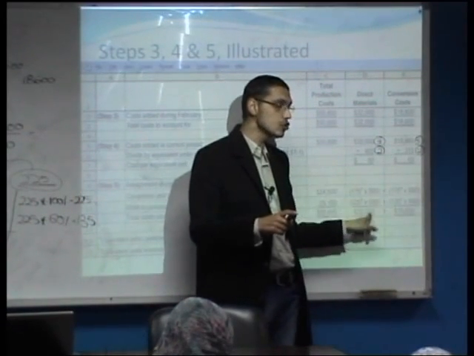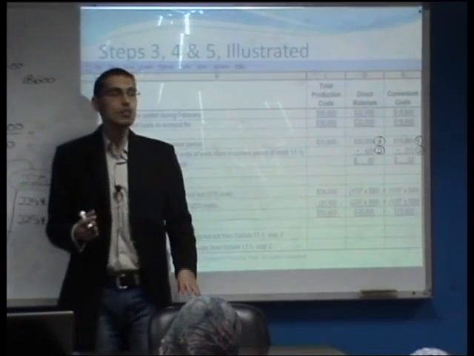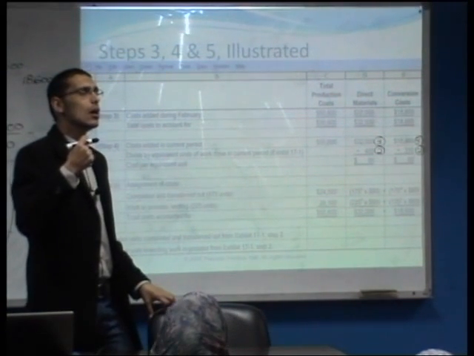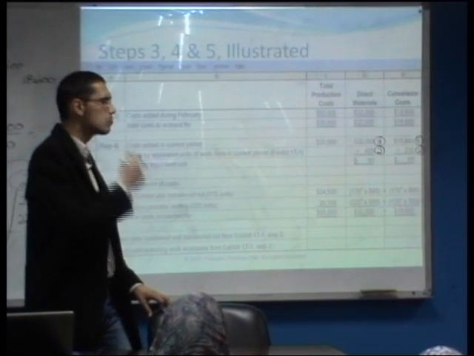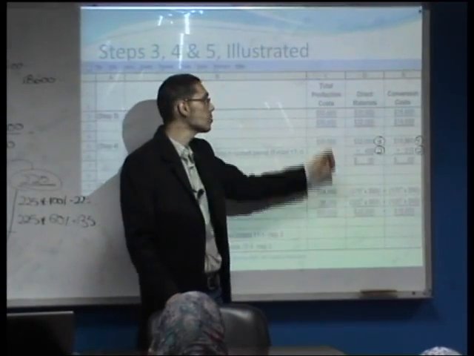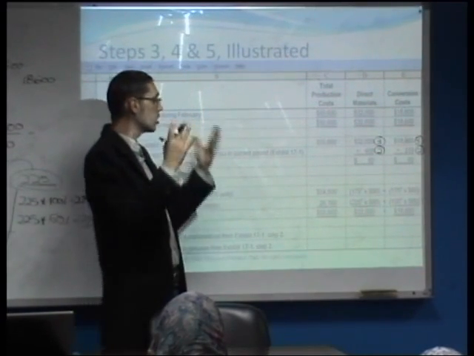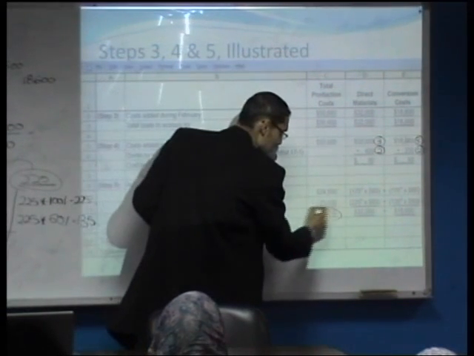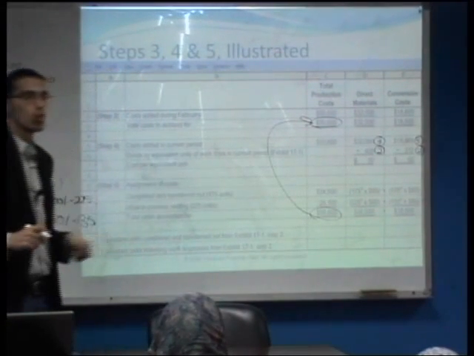Of course, adding these two numbers up would give us 26,100, which means that the 225 units that are still within the manufacturing process in the assembly department at the end of February have cost the organization 26,100 as direct materials and conversion costs. Of course, as we can see here, the total costs that are accounted for, 50,600, should always equal the total costs to account for.